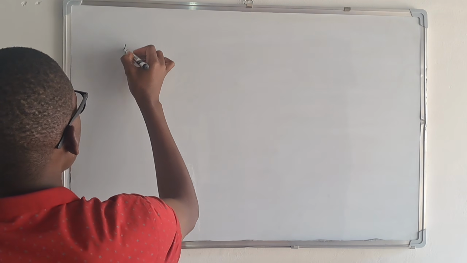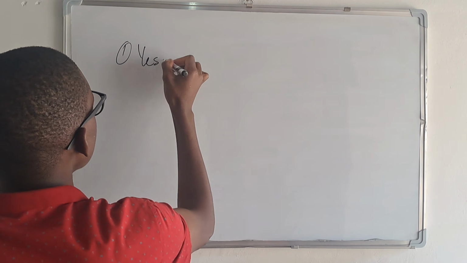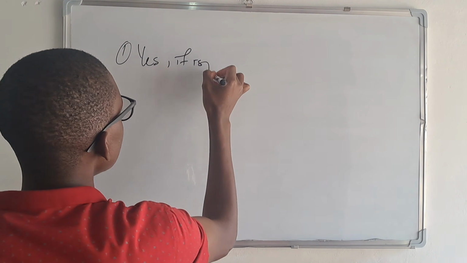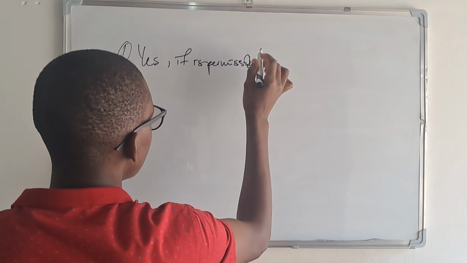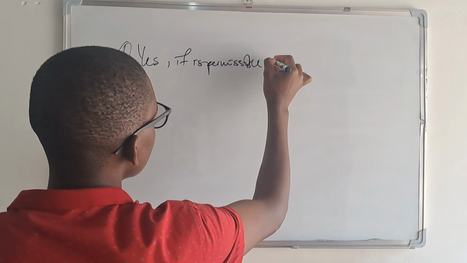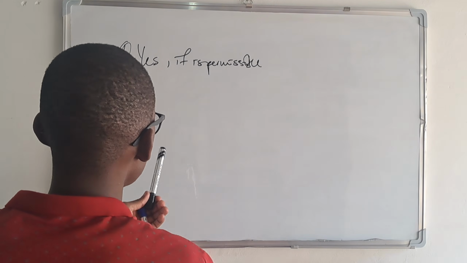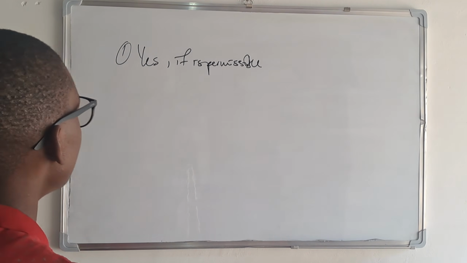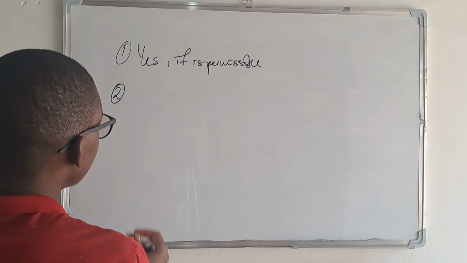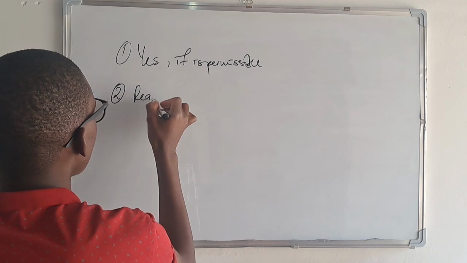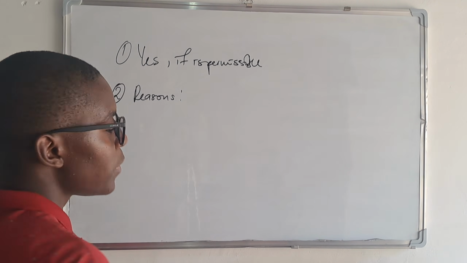Explain whether it is, for example, the first aspect, yes, it is permissible. That's the first aspect which you look at, and you get a mark for that. Then on the second item, you look at the reasons why you're saying it is permissible.